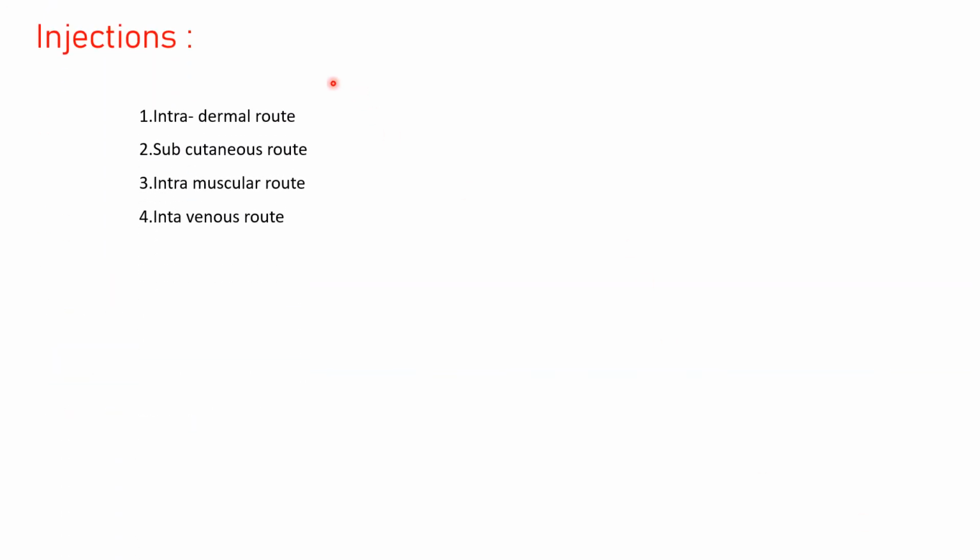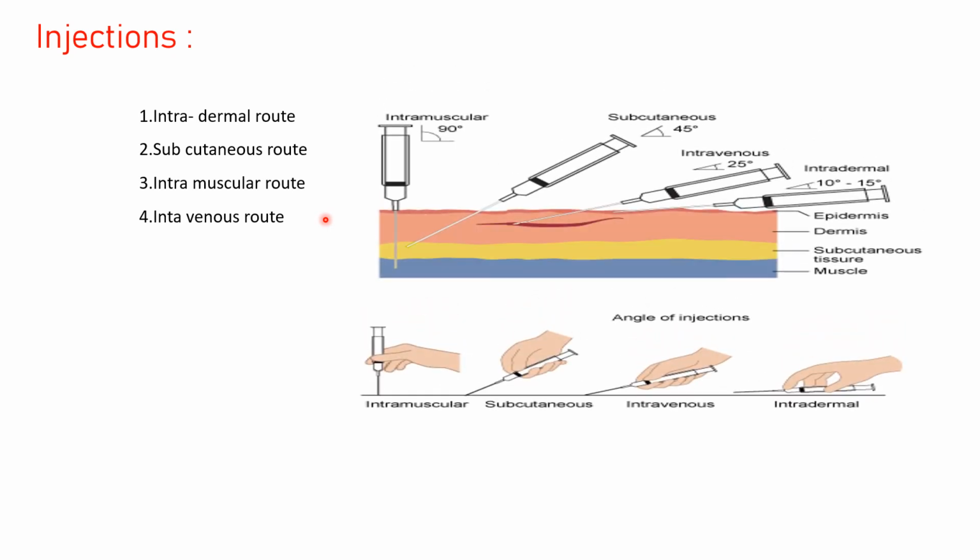Okay, let's look at the injections. In injections, we have four categories: intradermal route, subcutaneous route, intramuscular route, and intravenous route. Here I have put a picture which shows all four injections side by side.